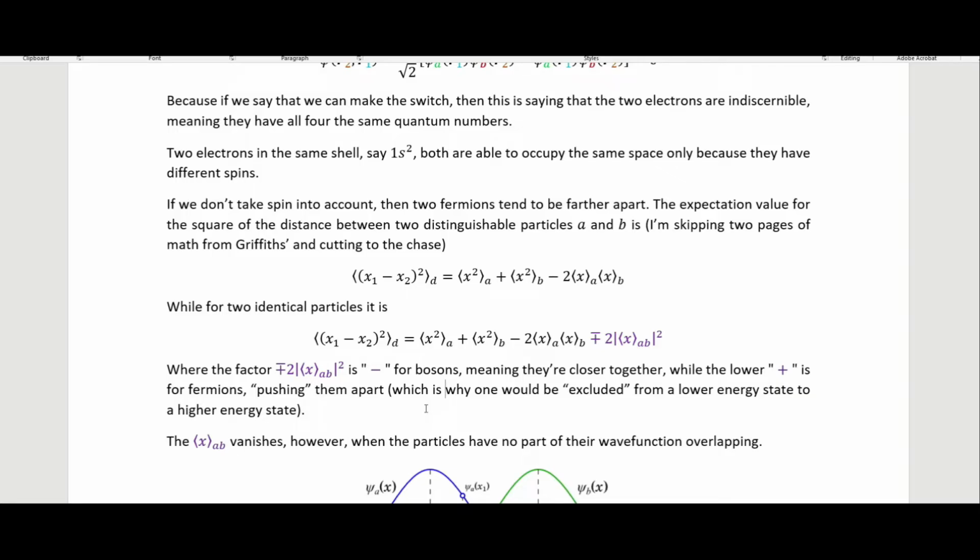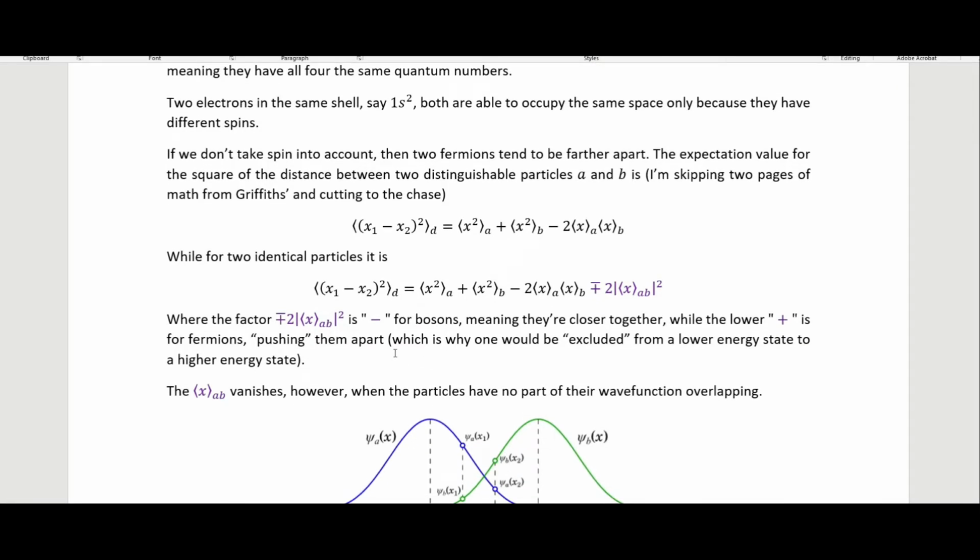It's often thought of as a force, and sometimes you even see it called exchange forces, but it's not really a force. It's something that's quantum mechanical and doesn't really have a classical counterpart. But it's still sort of moving particles closer together, or further apart in the case of these fermions.